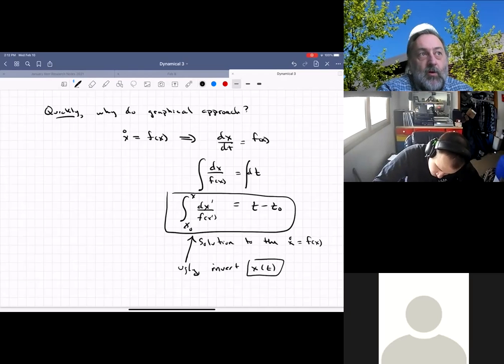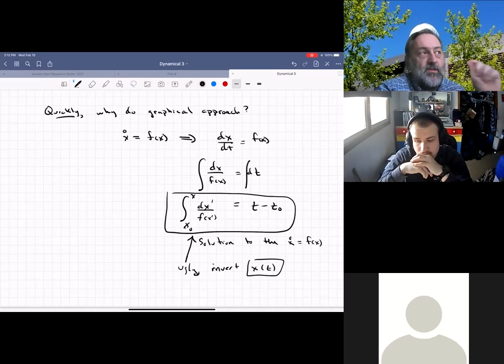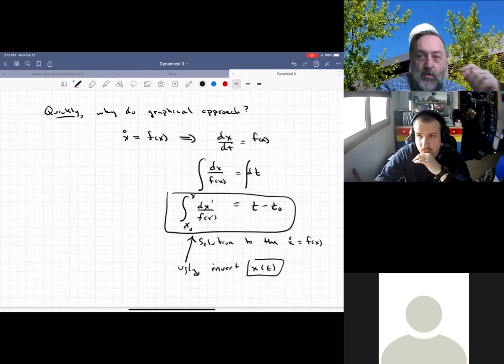But frequently your goal is to understand what the system is going to do. And instead of thinking about exactly where the system is at a given time, if you pay attention to what the system's going to do, you can very quickly get all the information out that you need.